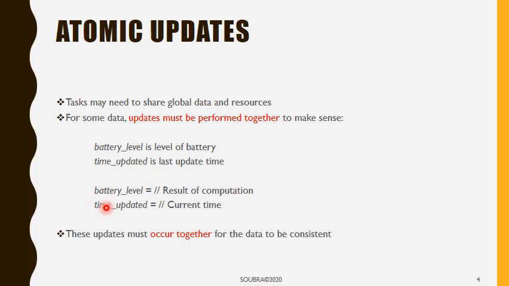Alright, so updates must occur together in order for the data to be consistent and representative. When we were talking about those atomic updates, we thought of the phone, for instance, because it makes sense to have the actual reading of your battery level corresponding to the time now and not from 4 hours ago.